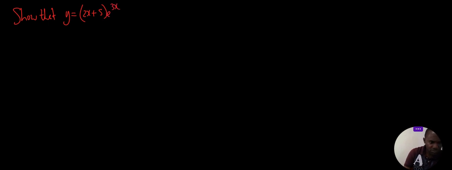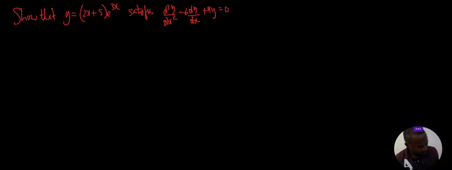So let's look at another example. This one says, show that y equals 2x plus 5 times e to the 3x satisfies the equation d2y by dx squared minus 6 dy by dx plus 9y equals 0.